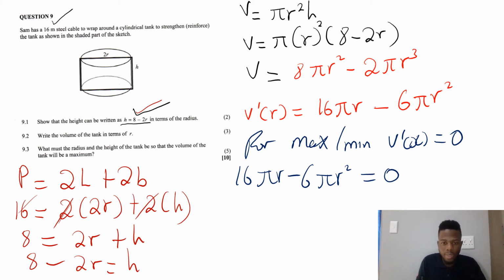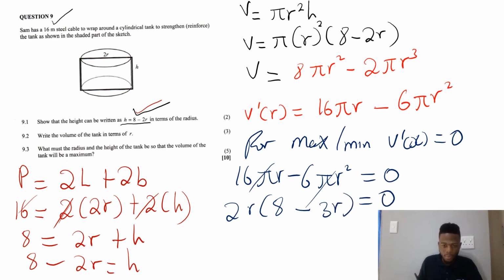Okay, so we can divide everything here with pi. We can eliminate pi. And then let's check our common factor. Our common factor here is going to be 2r, and then we'll be left with 8 minus 3r is equal to 0.